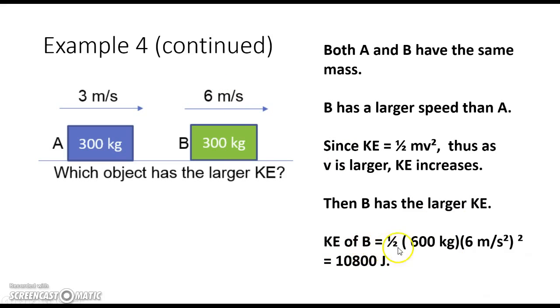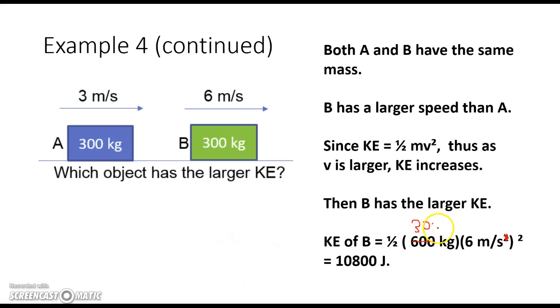So the kinetic energy of B, let's see the substitution again. I have a typo here, so let me correct it. There's no square here. The kinetic energy will be half times its mass. Oh no, this is not 600, this is 300.